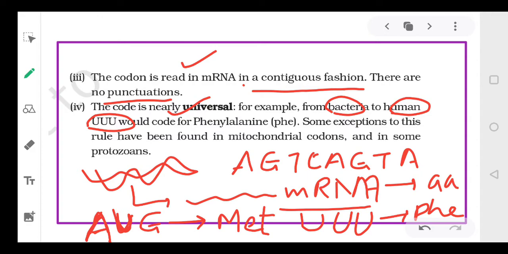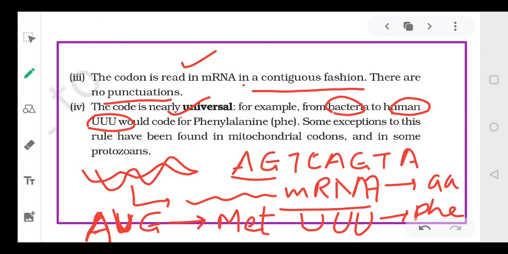Let's revise again the third and fourth point. First of all, the bases are arranged continuously. There is no comma, there is no punctuation. Second, this code is universal, right? It means every codon will code for the same amino acid, whether it is present in bacteria, human beings, prokaryotes, or eukaryotes.